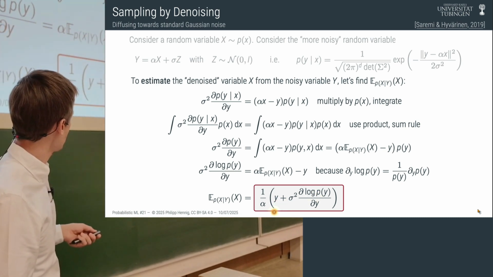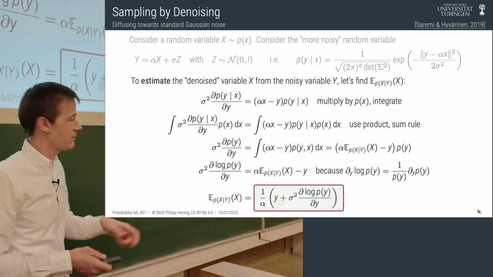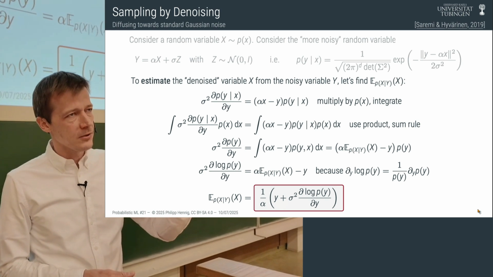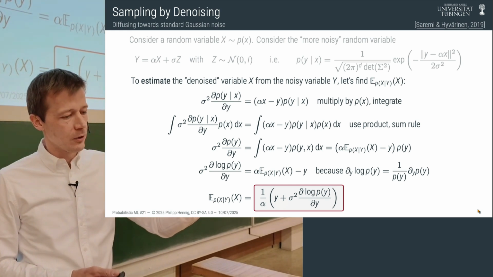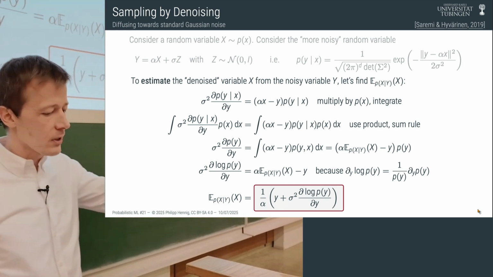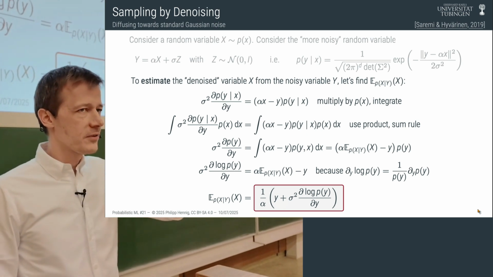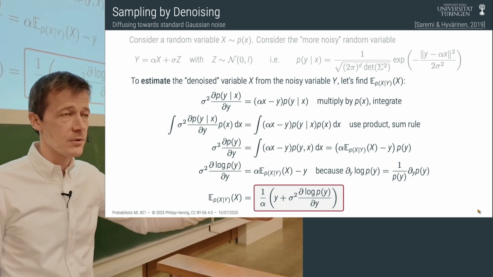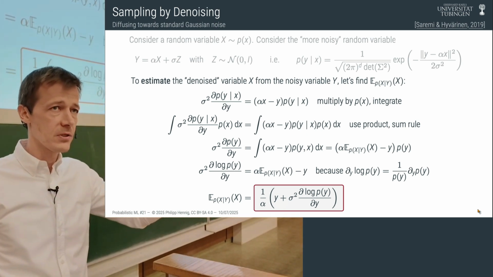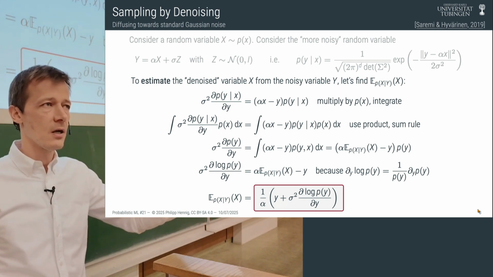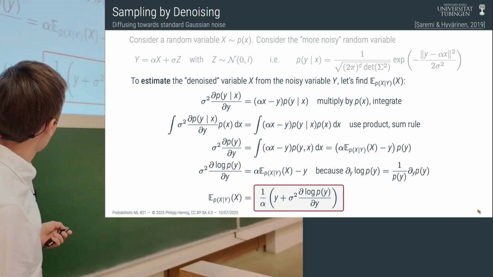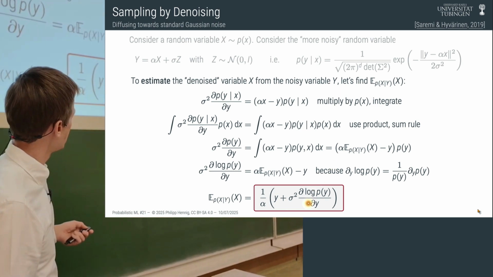This is an estimation rule that says to estimate what X was, take the Y that you got after adding some noise, and look at the score of the marginal of Y, which is this easier distribution, the Gaussian convolution of the P of X, and add a bit of a gradient step, basically.